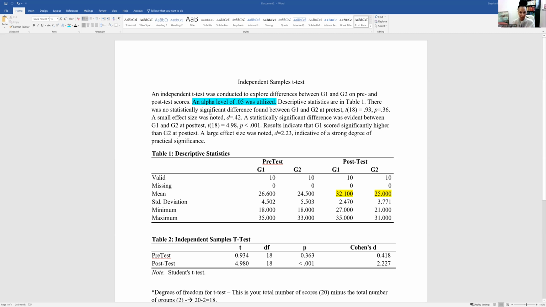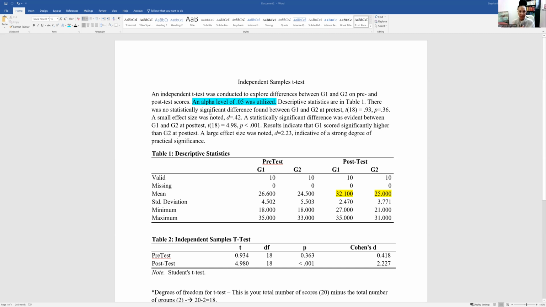I would, however, suggest that if you are using an alpha level that's different from 0.05, you do make note of it. But again, it's really and truly not necessary if you're using 0.05. And then there's just a really quick statement in terms of where readers can find additional information about our data.